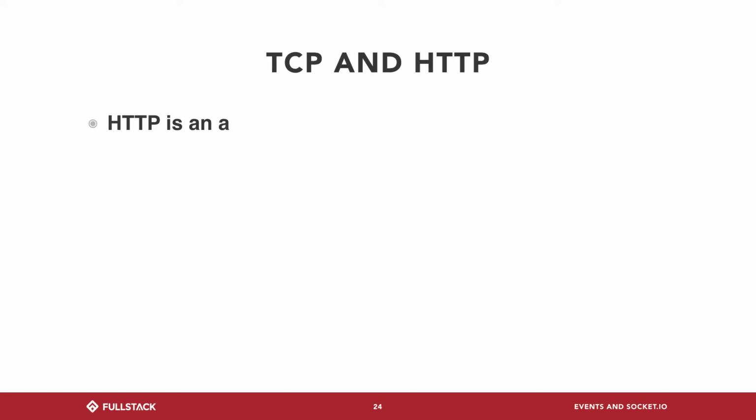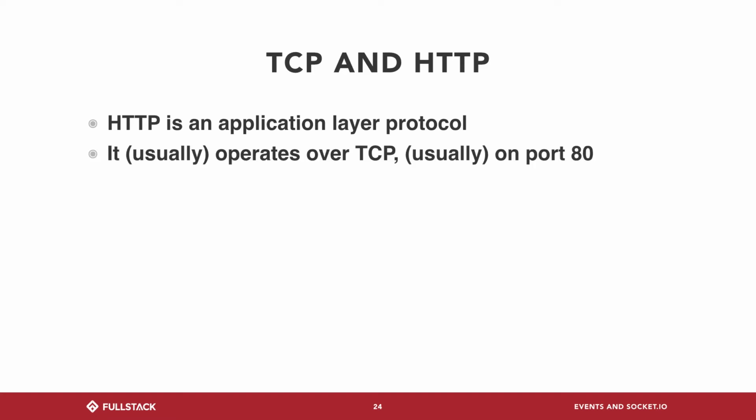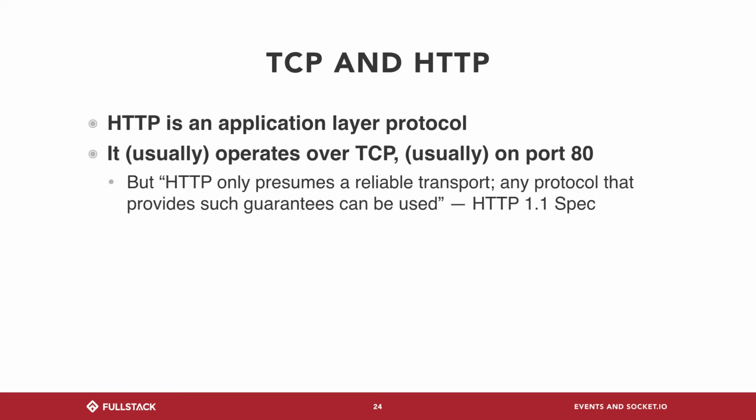So HTTP sits on top of TCP. It's an application layer protocol. It usually operates over TCP, but it can technically operate over others. It never does. I've never seen HTTP over something else. Except for HTTPS, which operates over an encrypted protocol that itself sits on top of TCP.